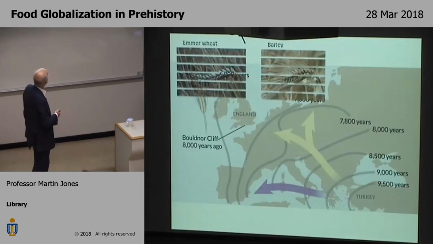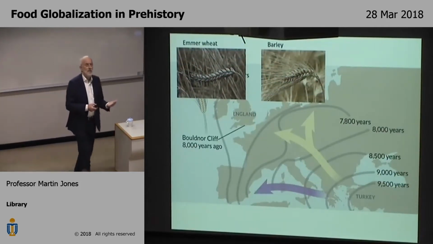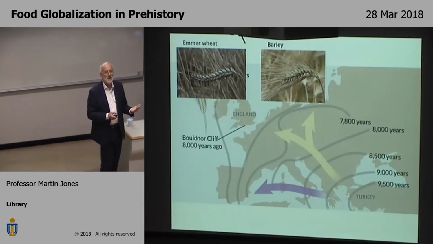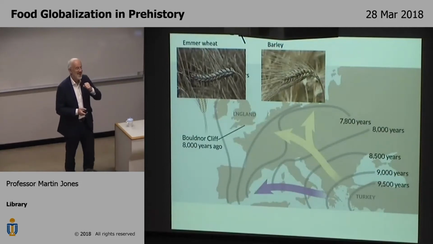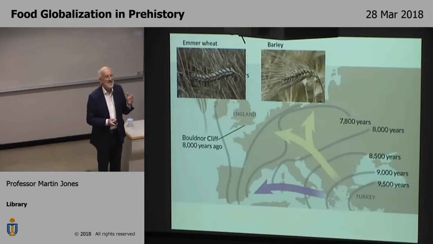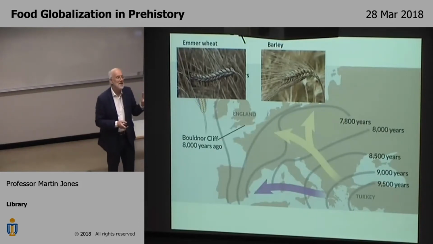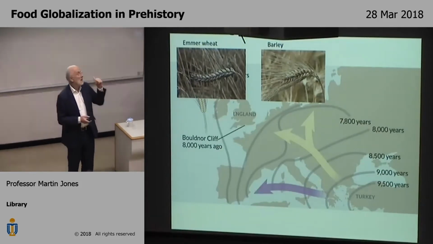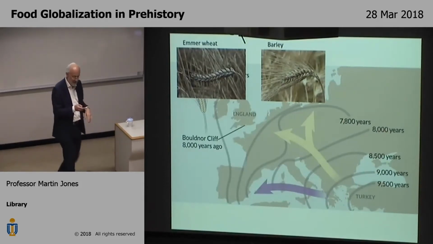And the predominant plants, no surprise, were the major two crops that were spreading across Europe, which were a form of wheat, emmer wheat, and six-row barley. So that was unsurprising.